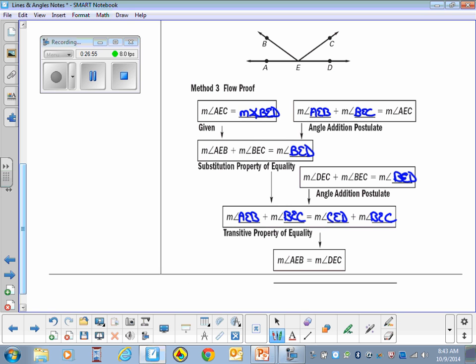And then finally we use our subtraction property of equality. Sometimes the visual of a flow proof is very powerful. These two ideas took me to this point. These two ideas took me to this point. And then I'm able to continue.